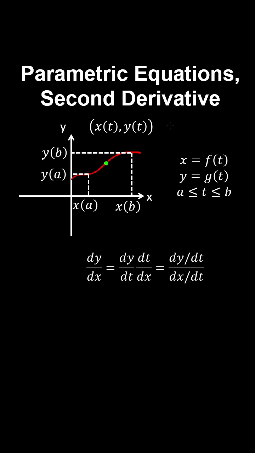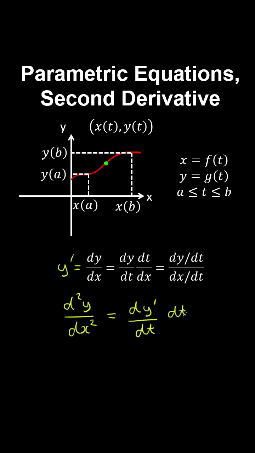We can obtain a second derivative for a parametric curve in a similar way that we obtained the first derivative using the chain rule. So if we set the first derivative as y dash, then the second derivative of y with respect to x is equal to the derivative of y dash with respect to the parameter t multiplied by dt/dx.